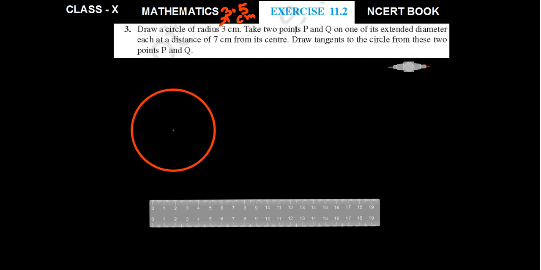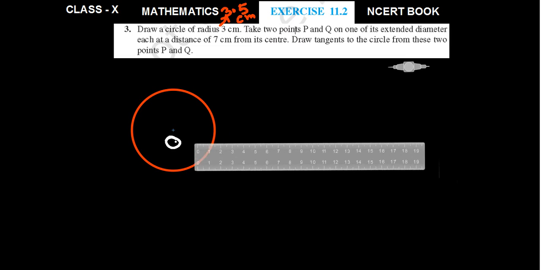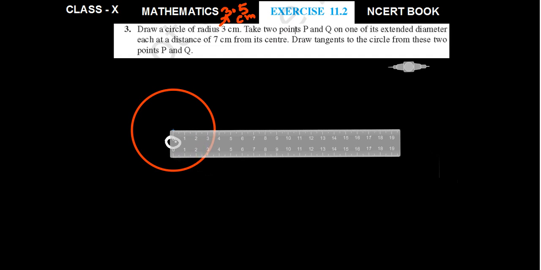Now the second thing, we have to take a length. Suppose the center of the circle is O. This is a circle of radius 3.5 centimeter. Now I am matching the 0 of the scale with the center of the circle, and then it is 1 2 3 4 5 6 7.